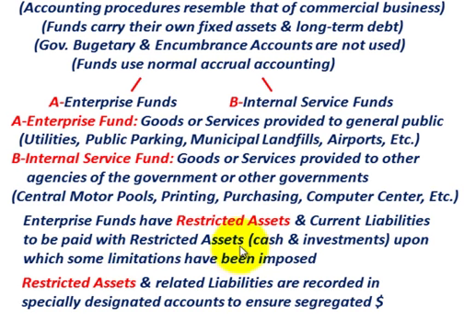So there are going to be limitations imposed on any assets that are restricted for a specific purpose, and you can't pay any cash or investments unless it comes out of those restricted assets. Again, restricted assets and related liabilities are recorded in specially designated accounts to ensure you segregate your dollars so they don't get mixed up with other funds or other accounts. We're going to be looking at the restricted assets.